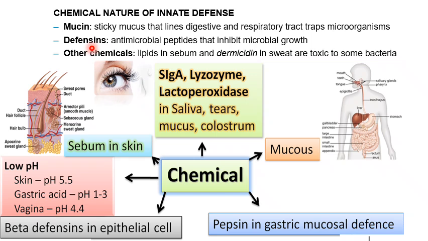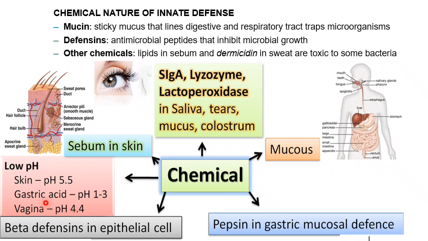Then you have other chemicals being produced inside our body. Lipids in the sebum, and dermacidin in the sweat, which is toxic to some bacteria. You have the pepsin in your gastric juice, the lysozyme in the saliva, tears, and mucus, and the sebum in your skin.